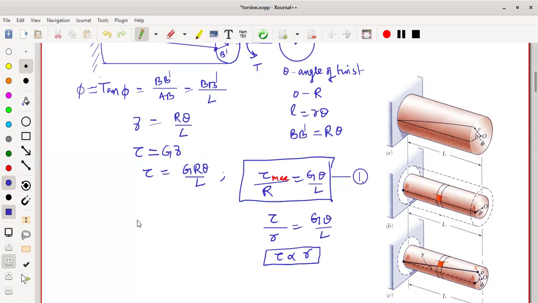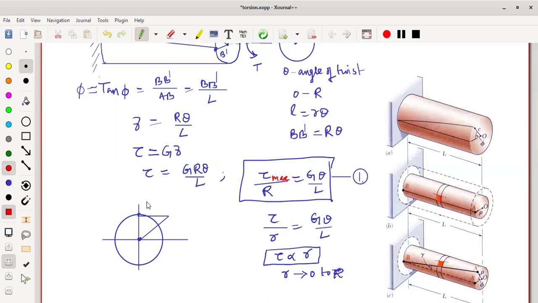So if we draw this cross section again, it is a circular cross section of the shaft. When r is 0, tau is also 0. When r is capital R, the small r varies from 0 to capital R only. So at capital R it has the maximum value, and at small r it has the minimum value.